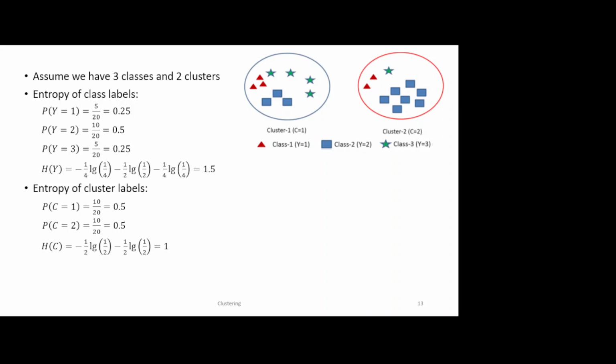The dice shows side 1, side 2, side 3, and side 4. They have equal probability. So what's the entropy? Based on this equation, you find the entropy is like this.